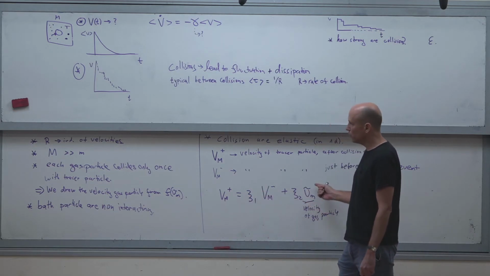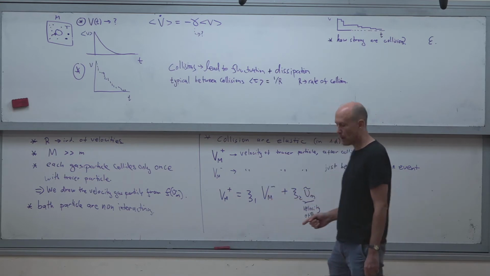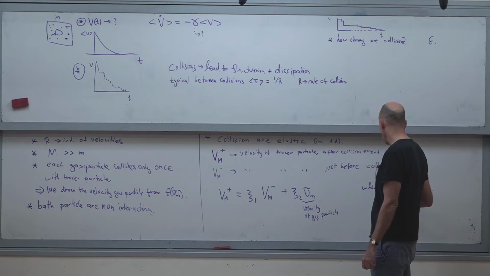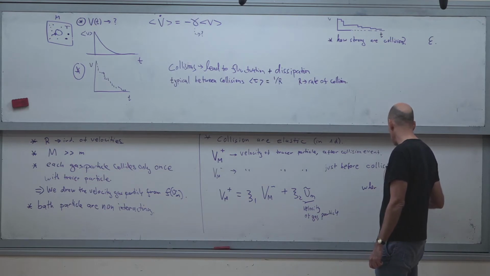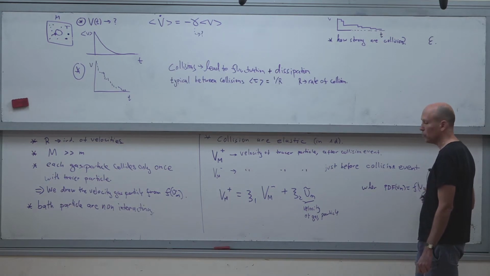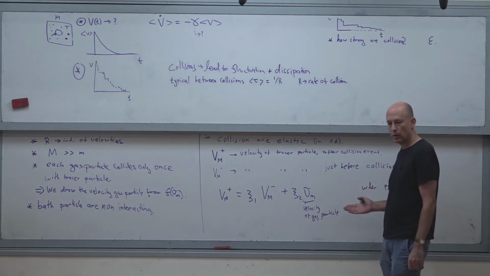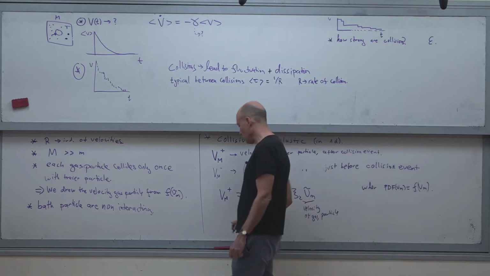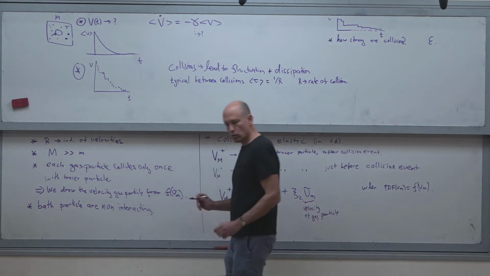What is the distribution of Vm tilde? This is given by the PDF of Vm, as I mentioned already, which is the function F of Vm. And if you want to think about this as a Maxwellian, then fine. Okay? What are this psi1 and this psi2? You solve the equations.